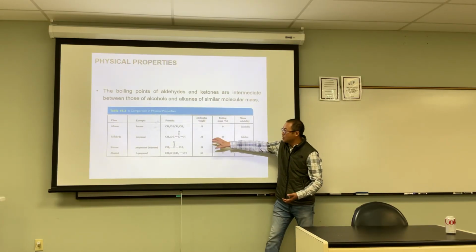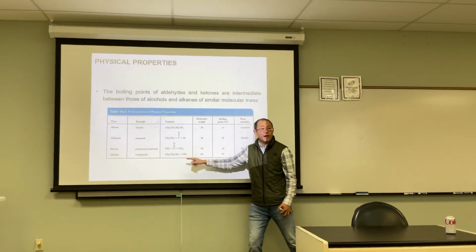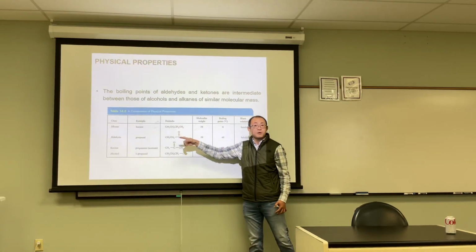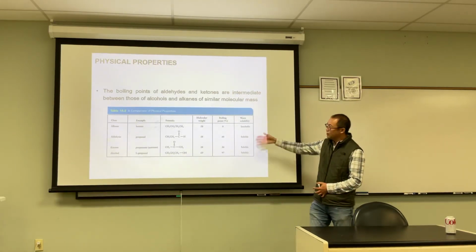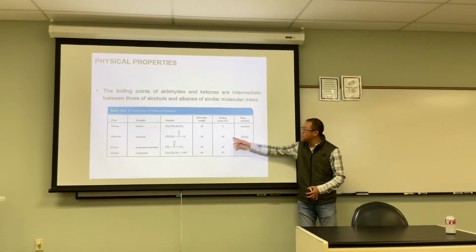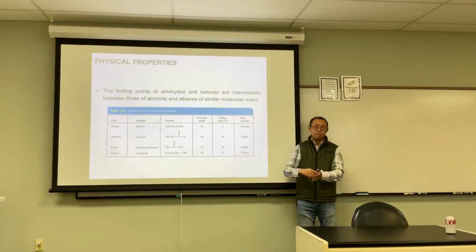Why? Because the group is not as polar as OH, but it's still polar. That means the boiling point is higher than hydrocarbon, which is nonpolar. Does it make sense? That's why the chart is very nice for you. I would never ask you what the boiling point is, but you can compare and know the range somewhere.